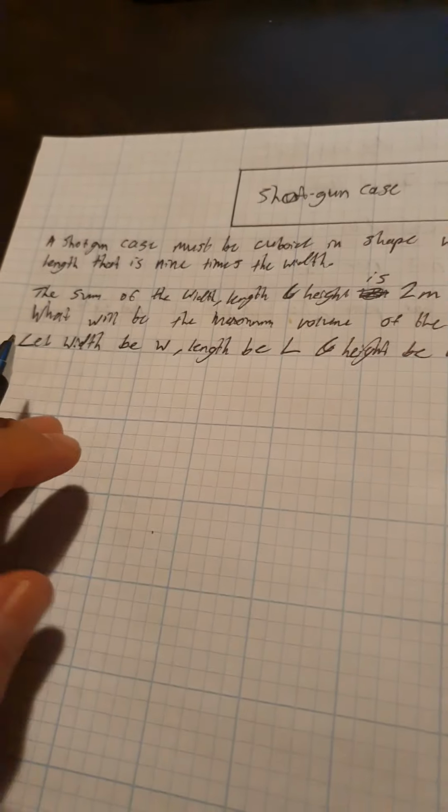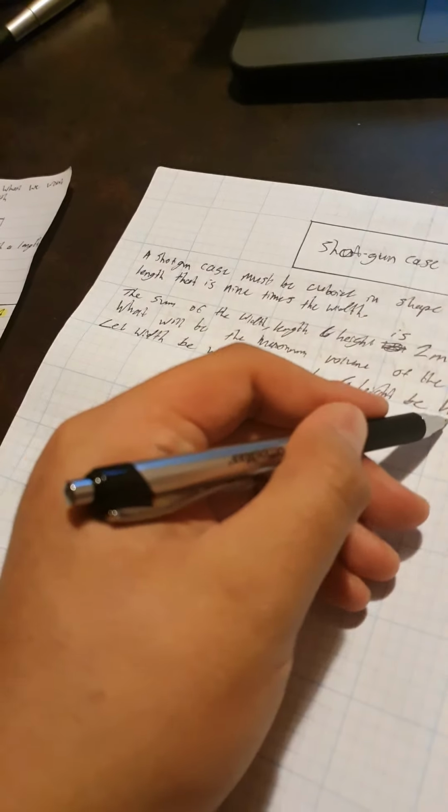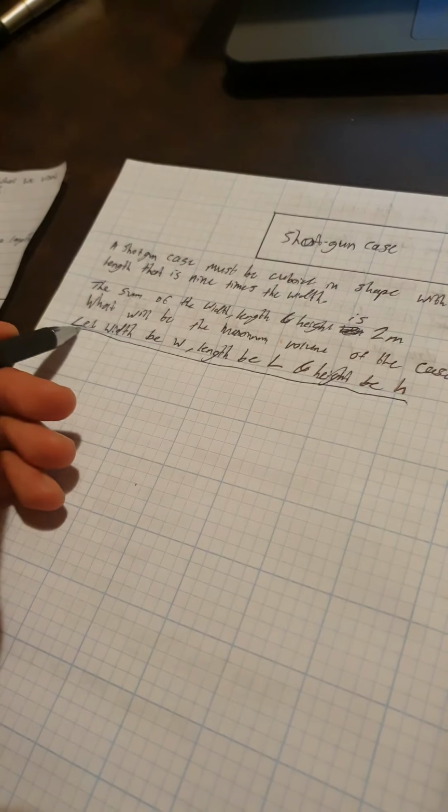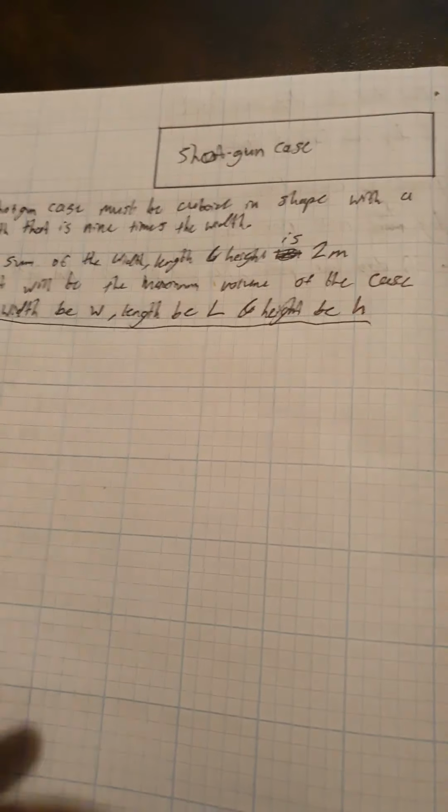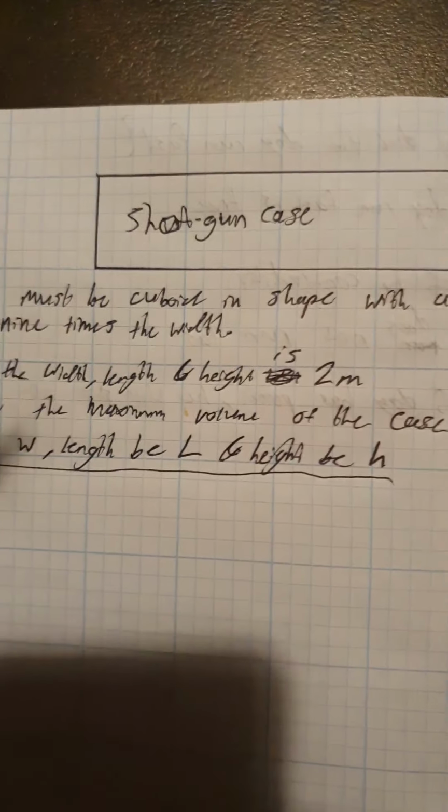Cool. Now, since we've labelled our variables, we can now write all over the shotgun case diagram, the picture that we've drawn here.